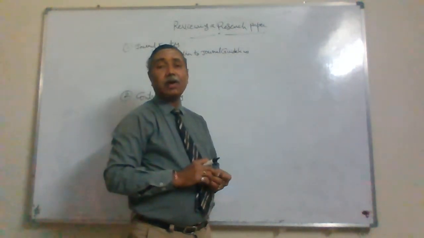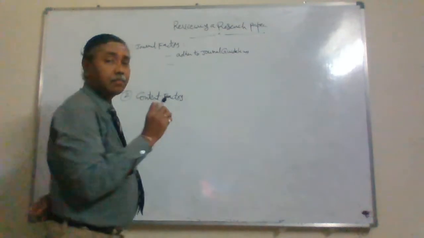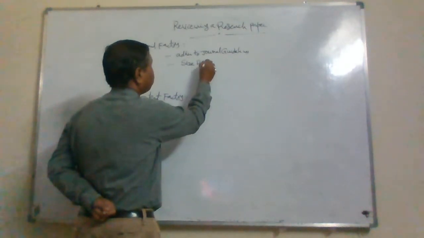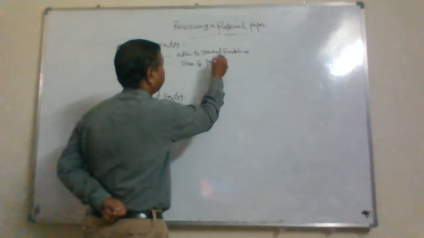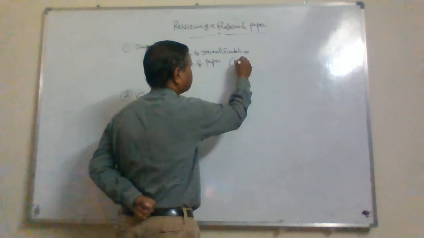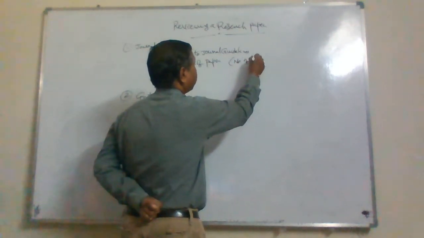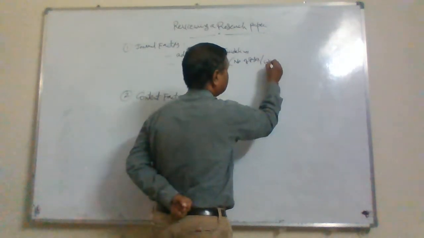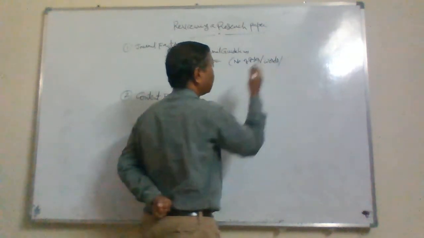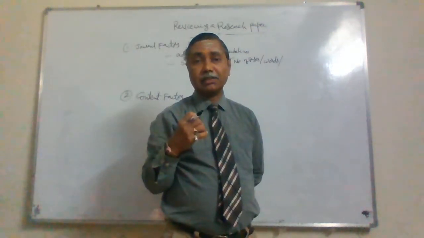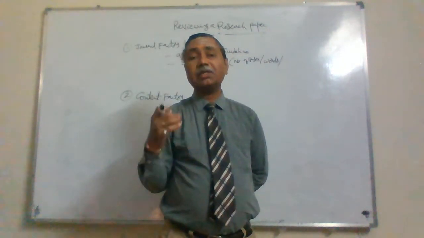So what is that? First one is size. Size of the paper is important. Some journals specify the number of pages, and some journals specify the number of words. For example, some journals say that a maximum of 5,000 words is accepted, and some say 8,000 words.